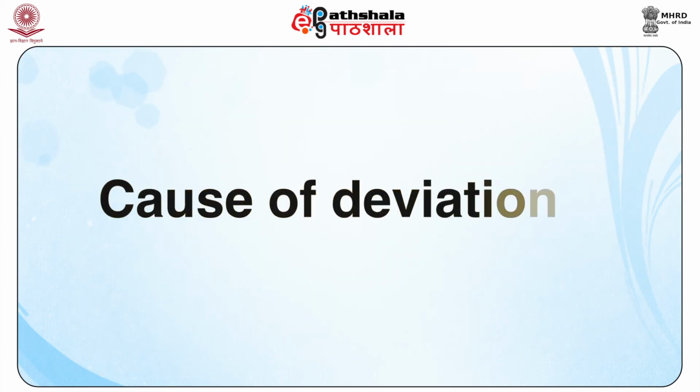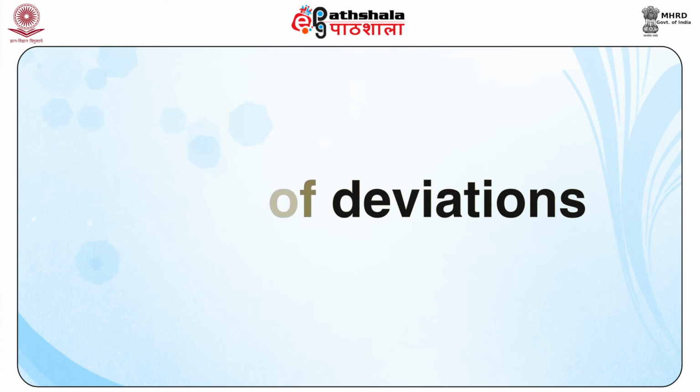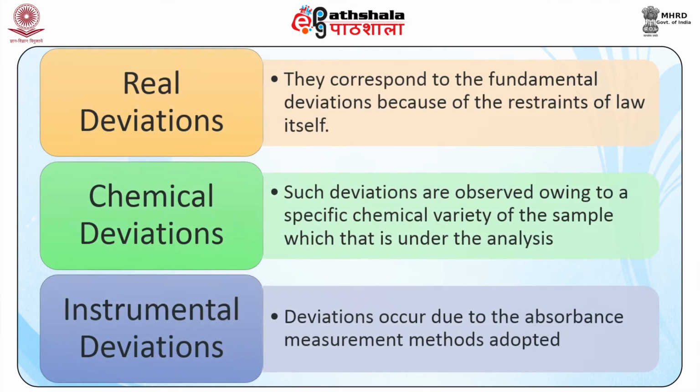We will discuss the cause of these deviations. The departure from the Lambert-Beer's law can be broken down into three types of classes according to their causes. First is the real deviations. They correspond to the fundamental deviations because of the restraints of the law itself.